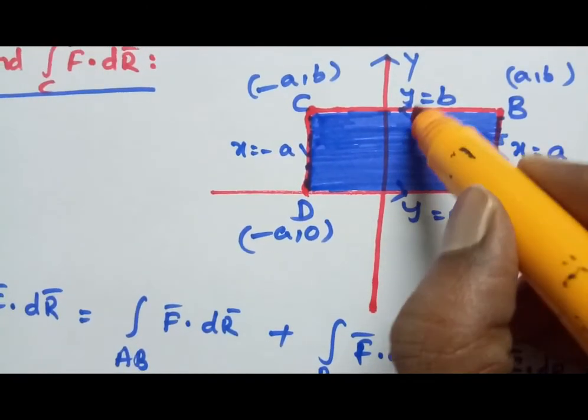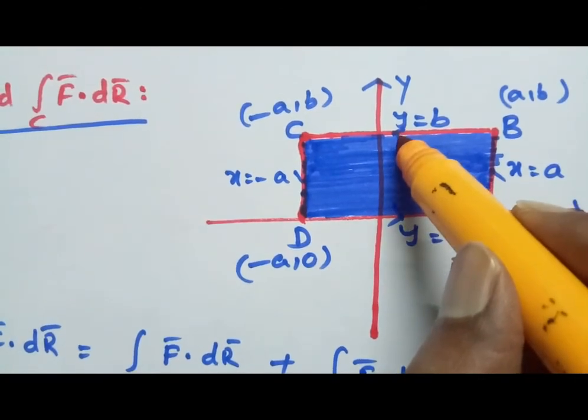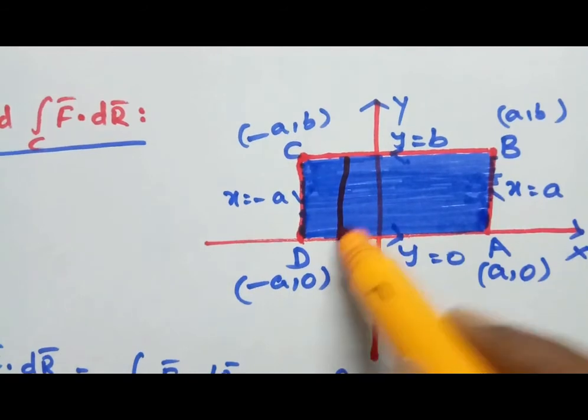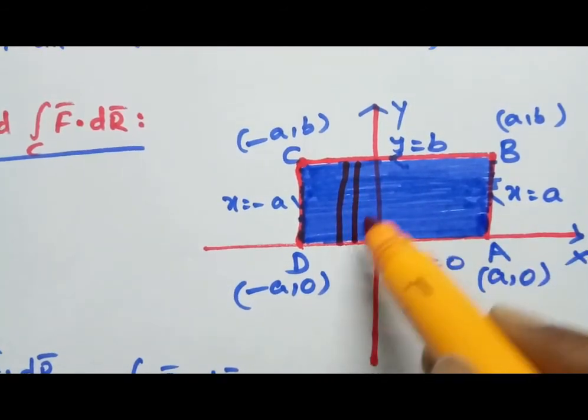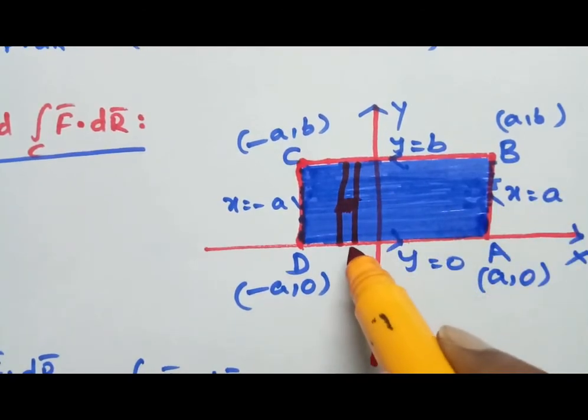To cover the region of integration, we are considering the vertical strip PQ.